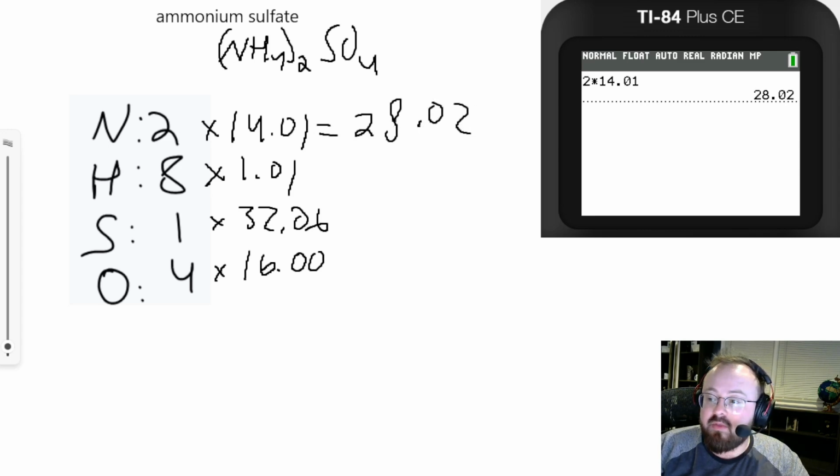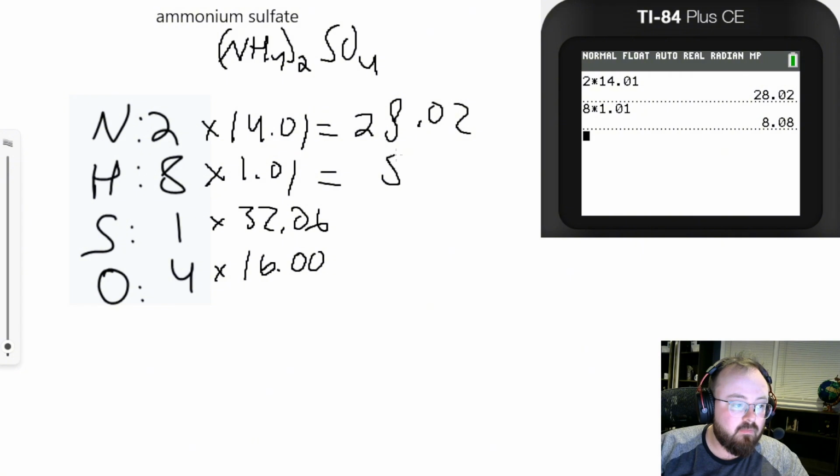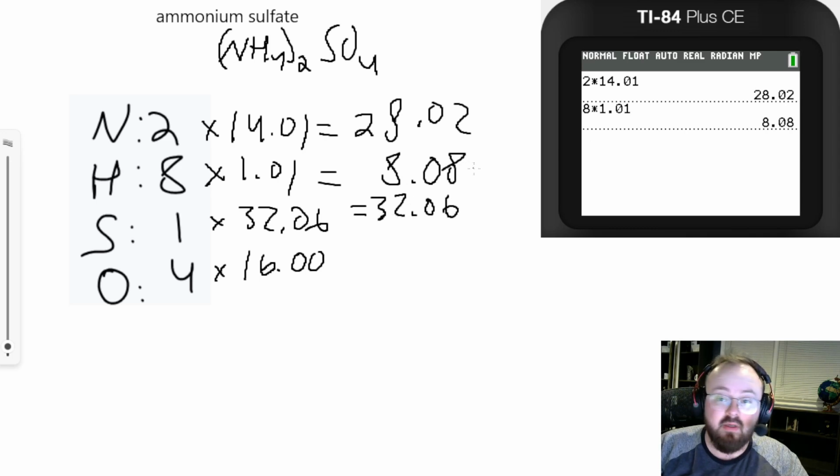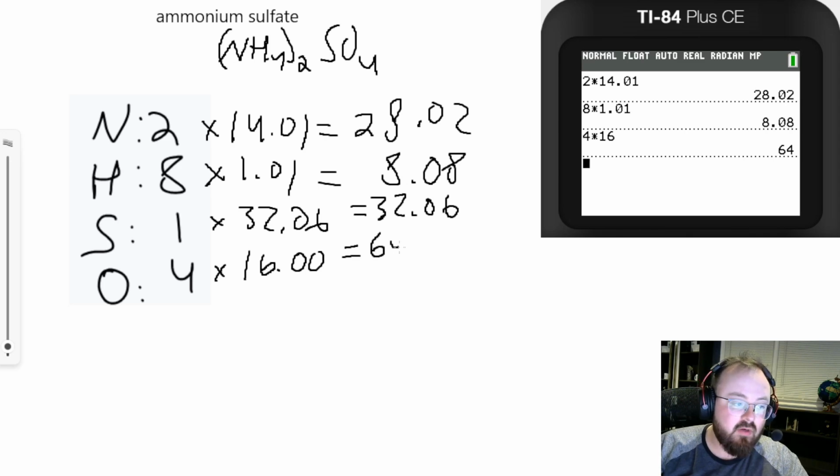We take 8 times 1.01 gives me 8.08. We take 1 times 32.06, which gives me 32.06. And 4 times 16 gives me 64, and it is 64.00.